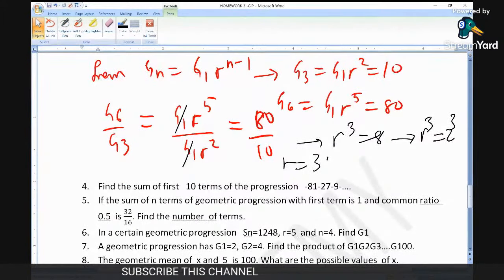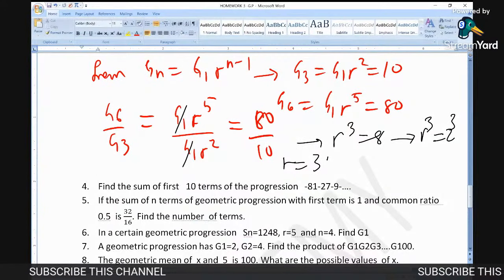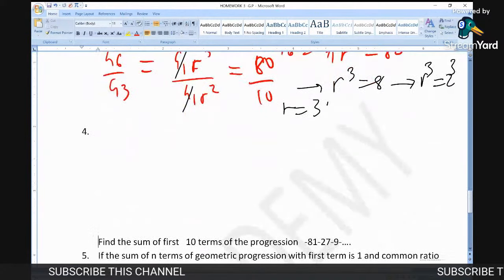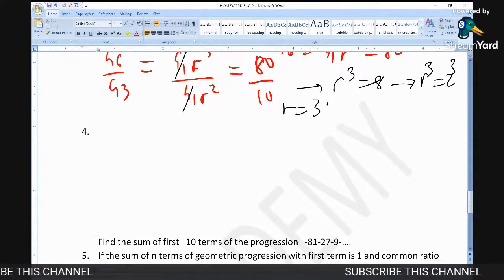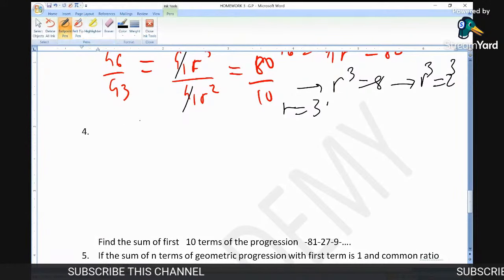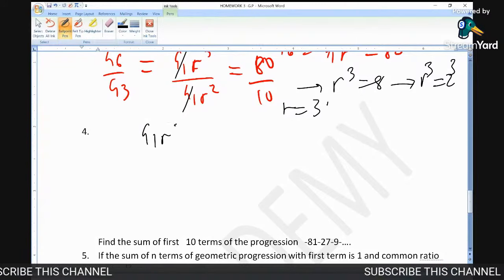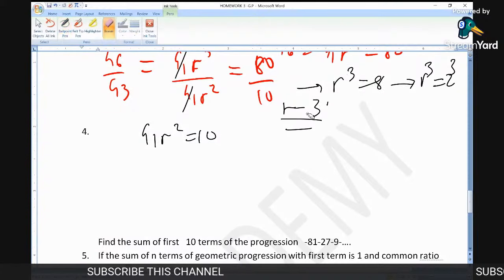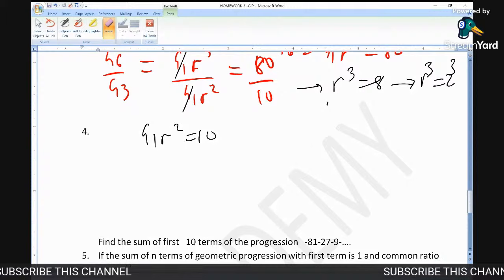Next, we are going to use either of the two equations given here to get the value of G1, the first one or the second one, G1 R square equals 10. We know that the common ratio is 2. The common ratio is not 3, the common ratio is 2, of course.